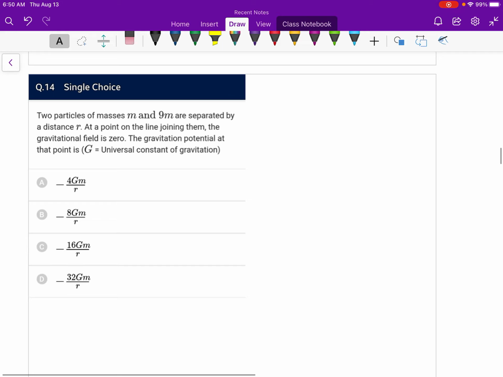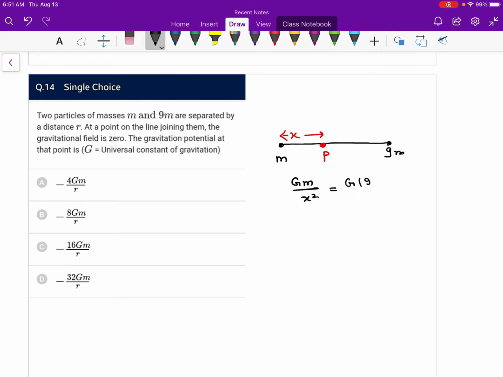Two particles of mass M and 9M are placed at a distance R. At a point on the line joining them, the gravitational field is 0. Find the gravitational potential at that point. So first we need to find out the point where the gravitational field is 0. So this is M, this is 9M. Let's say at a distance x, field is 0. So GM upon x square is equal to G9M upon R minus x square. So 1 upon x is 3 upon R minus x. So R minus x is 3x.